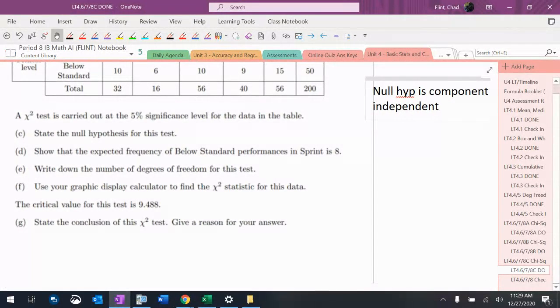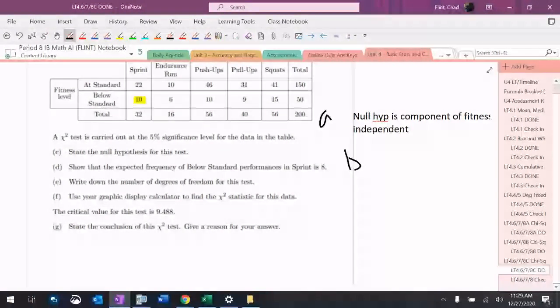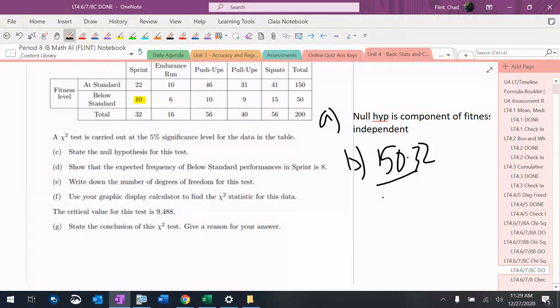All right, so what's next? Show that the expected frequency of below standard performance in sprint is 8. So I've got to really read that. So sprint and below standard, which is right there, is 8. So it's row total times column total divided by grand total: 150 times 32 divided by 200.